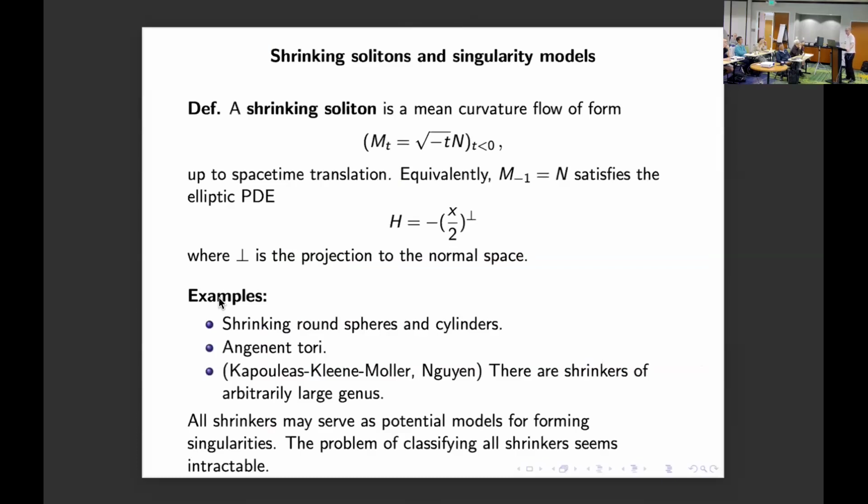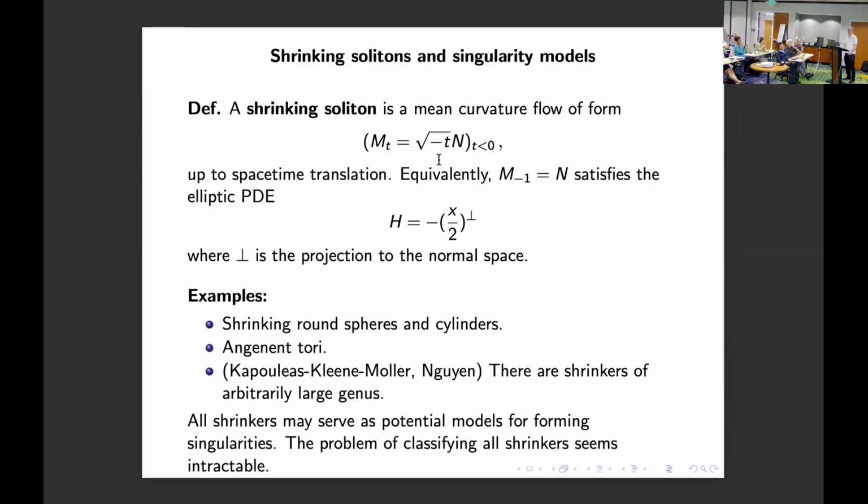Okay, so let's try to generalize the example of the shrinking round cylinder. So this leads to shrinking solitons, because Brian was talking about translating solitons yesterday. All right, so up to space-time translation, a shrinking soliton is a mean curvature flow that looks like this. It's defined for negative time, and at time t, you just see a fixed surface rescaled by square root of negative t.